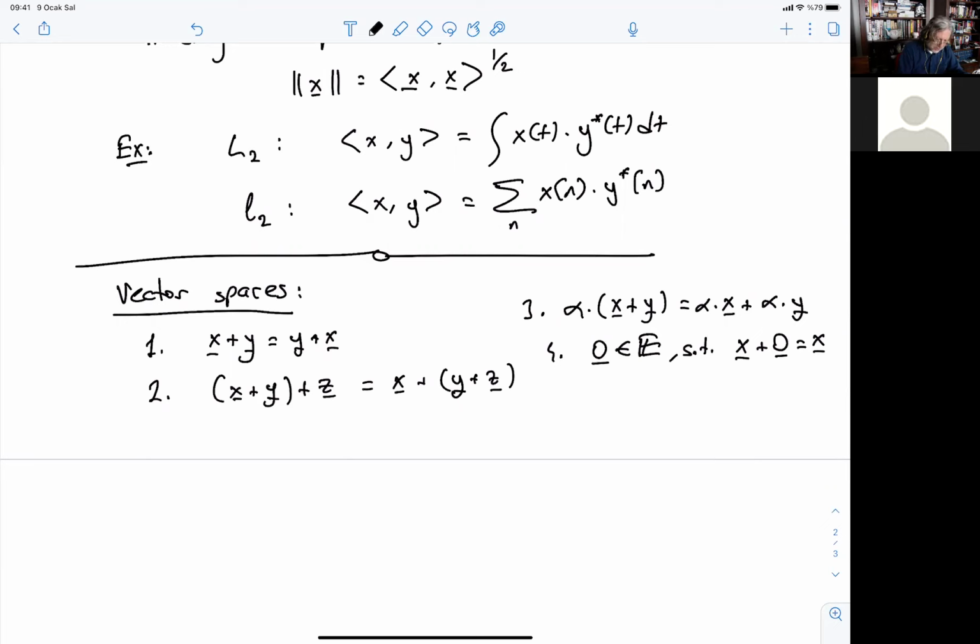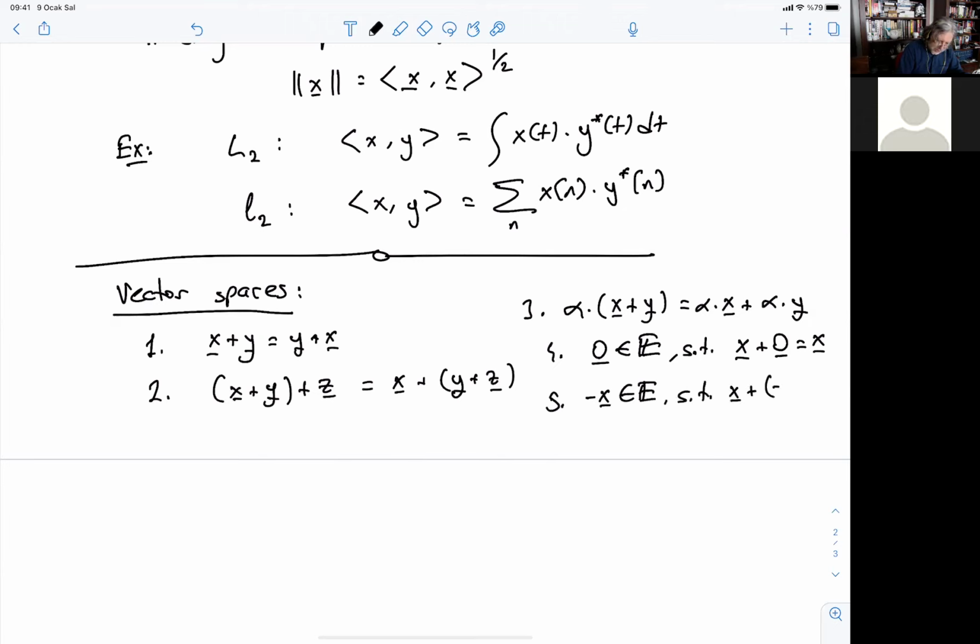It's the existence of the zero vector. And the fifth one is there exists also a negative of every x such that when you add x and this negative of x, you will obtain the zero vector. This must be inside the set.